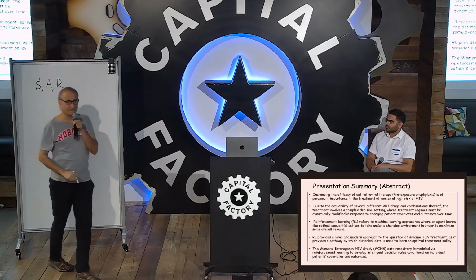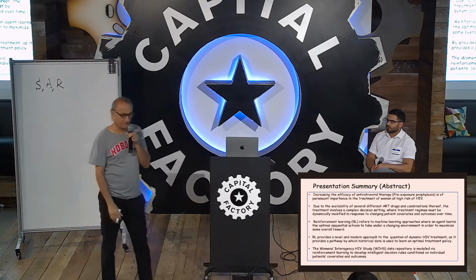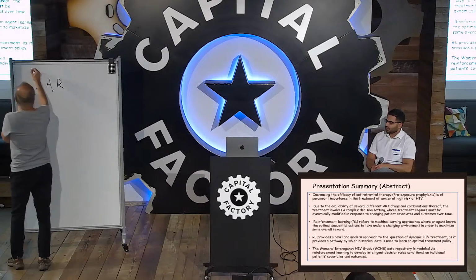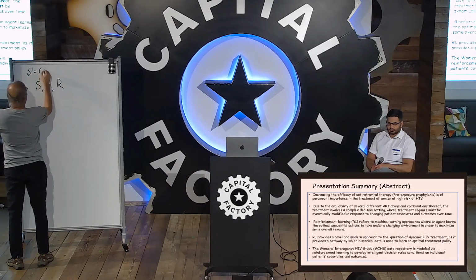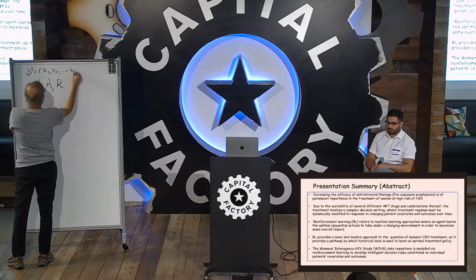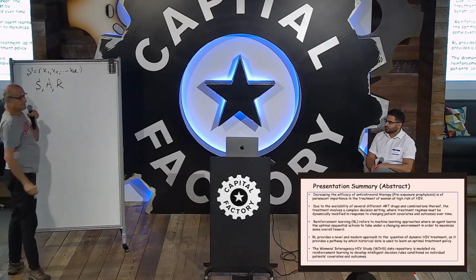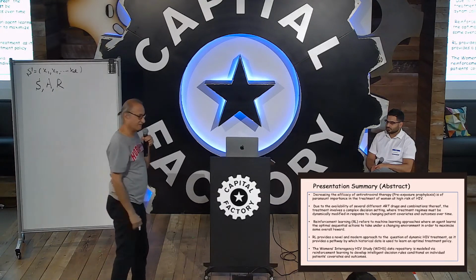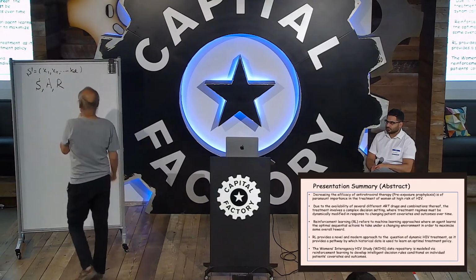S is the set of variable features. That's the state variable. The state variable is nothing but a t-dimensional vector, x1, x2, up to xt. And like I said, this is a combination of their demographics and their labs and all the other things that are related to the human at any given time t.